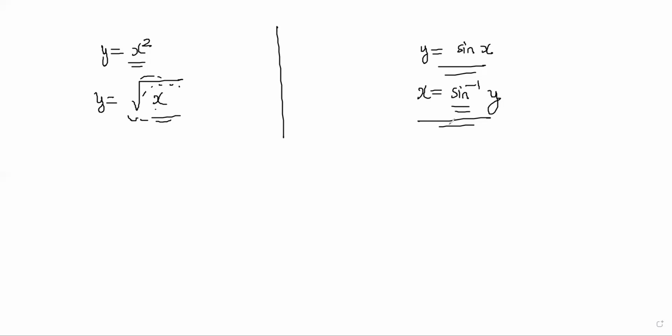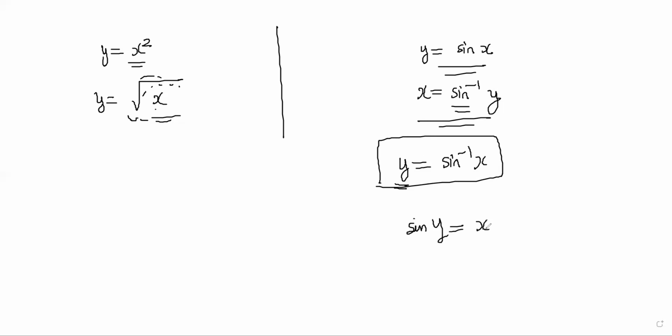Sine inverse is just a symbol. Suppose I say y is equal to sine inverse x. This means that y is such an angle whose sine is x.